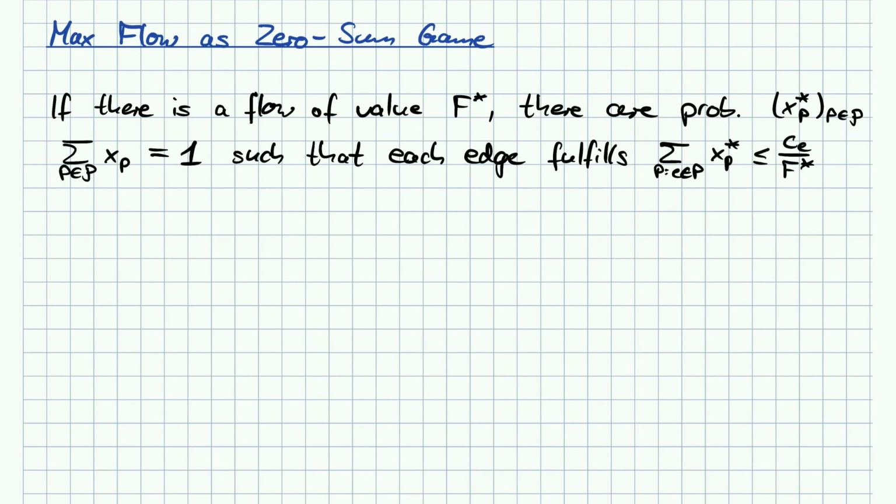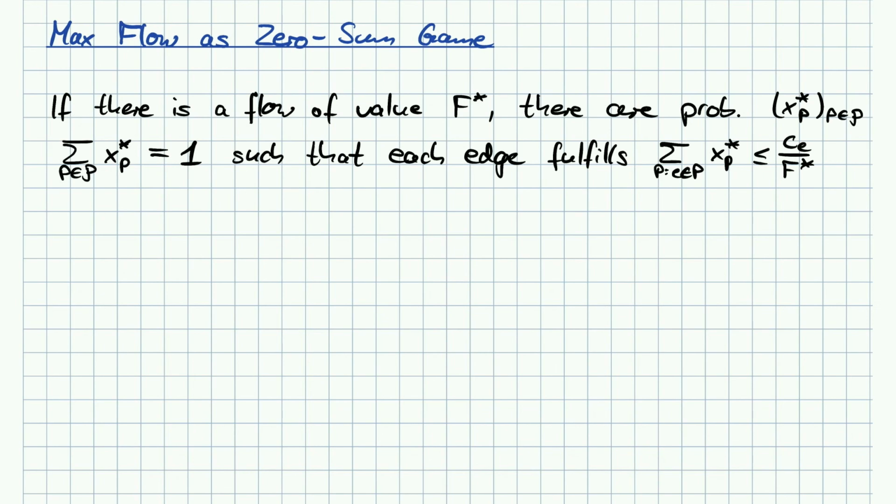Why is this true? Well, just multiply these x stars by f star, and then you'll see they are exactly the flow. Then the capacity constraints are fulfilled and they sum up to f star.